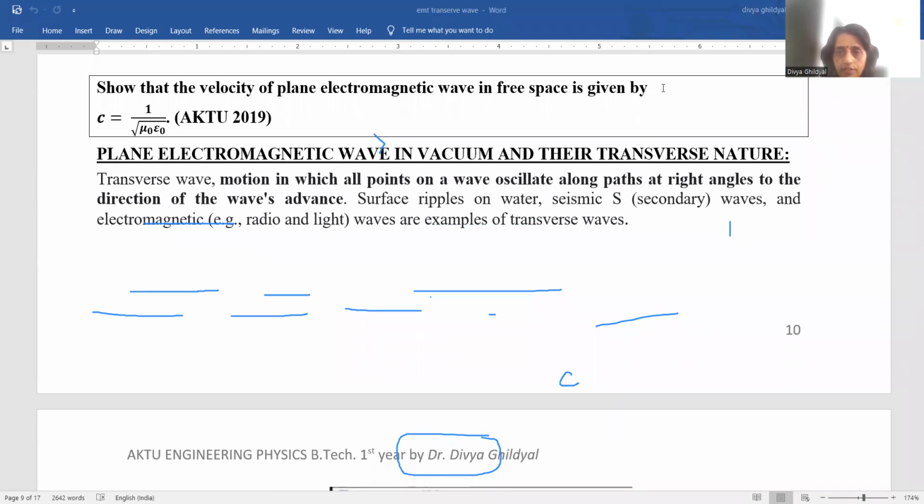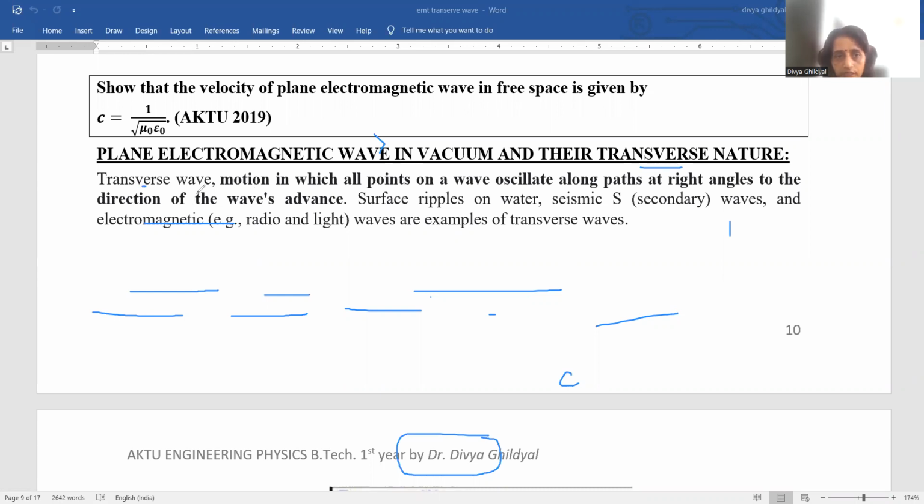Electromagnetic waves are transverse in nature. Waves are of two types, longitudinal and transverse. The longitudinal wave consists of compression and rarefaction, and the transverse ones consist of crest and trough.